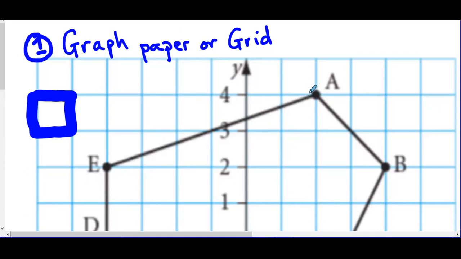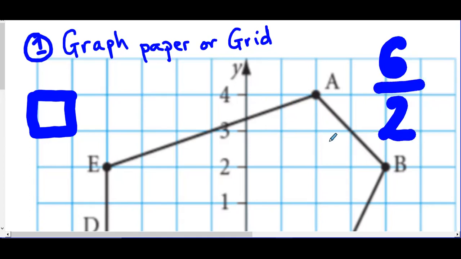Now, what is the midpoint? Where is the midpoint of this line from A to E? Since there are 6 boxes from A to E, in order for you to get the center, you take these 6, then you divide by 2.